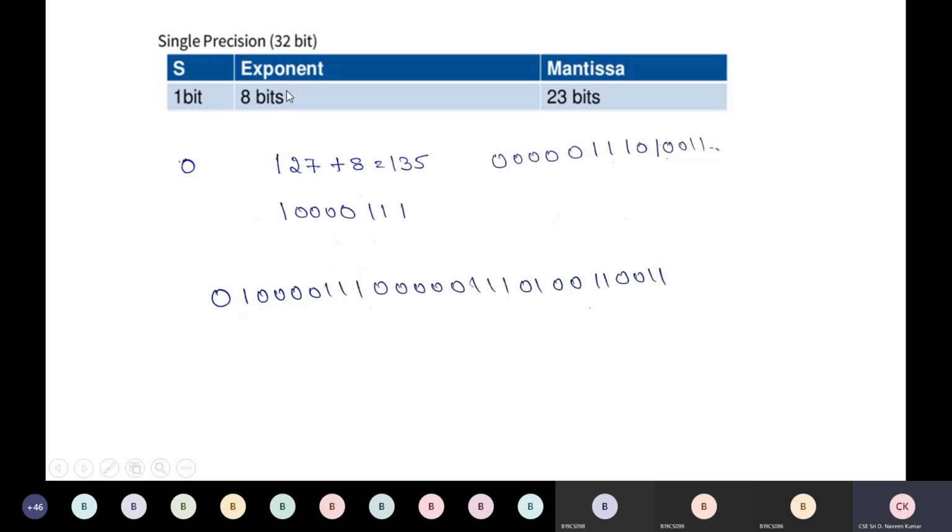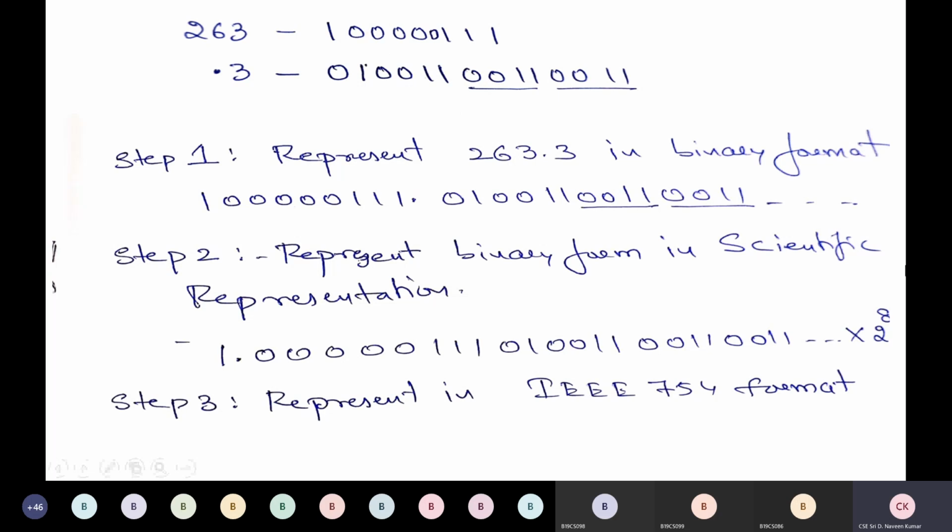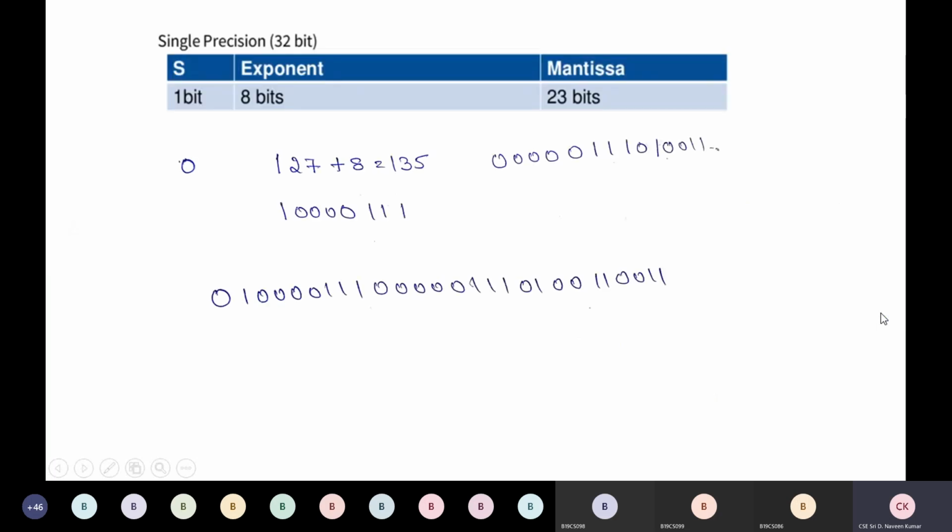Next is the exponent, which is 8 bits. What is the exponent here? 8 is the exponent. We need to convert it to Excess 127 format, so we add 127 to 8 and get 135. We convert 135 into binary format.